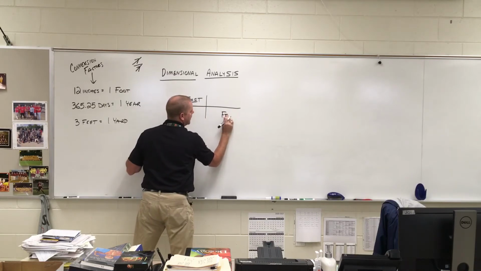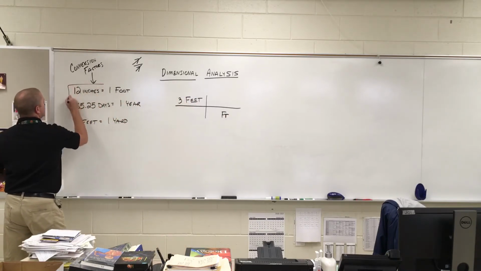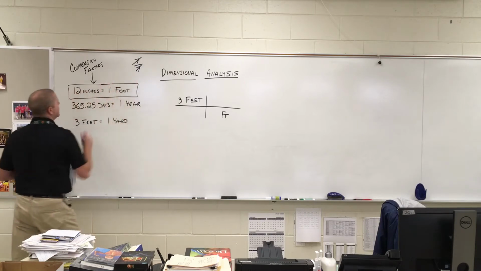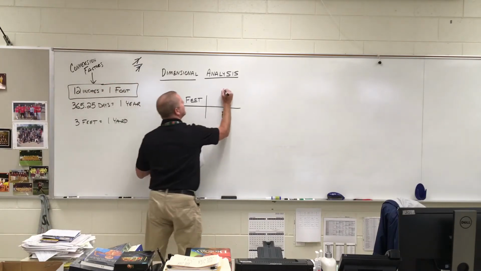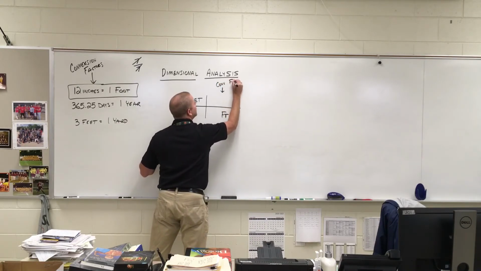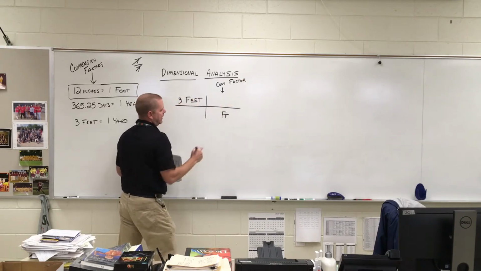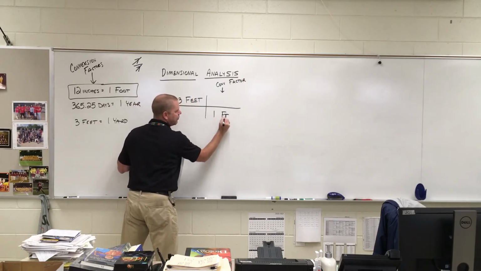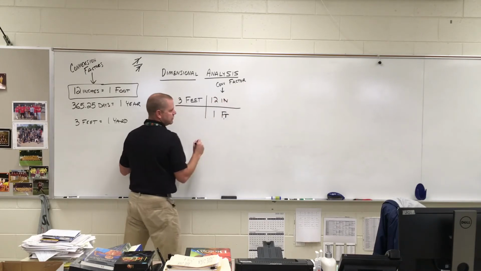Okay, so I'm going to put 1 FT, symbolize it. Well, there's a conversion factor I put right here, right? 12 inches is equivalent to 1 foot. And so what we do is we put that conversion factor right here, and we put it as a fraction. It's 2 equivalent things. So in 1 foot, there is 12 inches, okay?